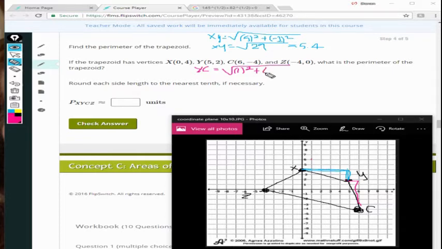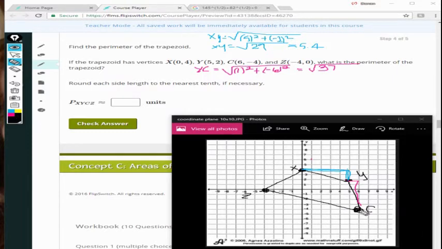And since it's down, it will be negative. So YC is going to equal the square root of 1 squared is 1 plus negative 6 squared. So negative 6 squared is 36. So 1 plus 36 is going to be 37. I'm going to just hold off until I go and use the calculator.